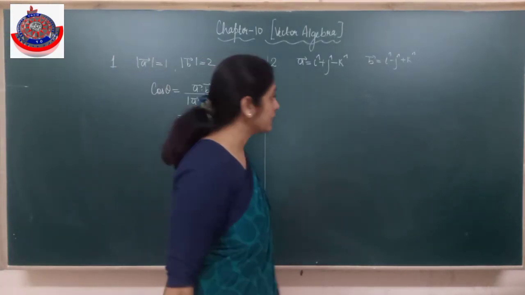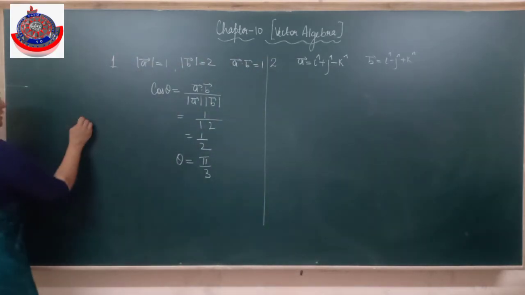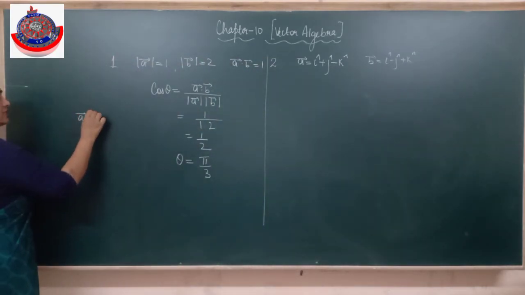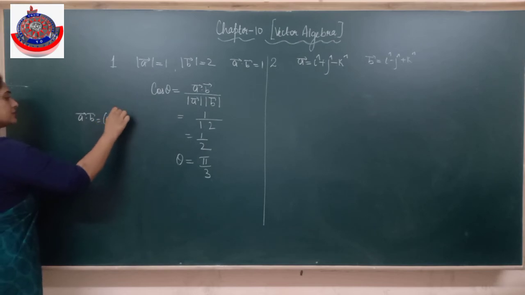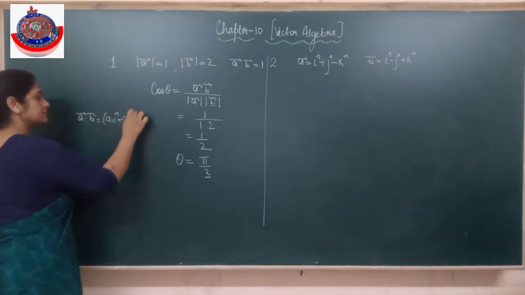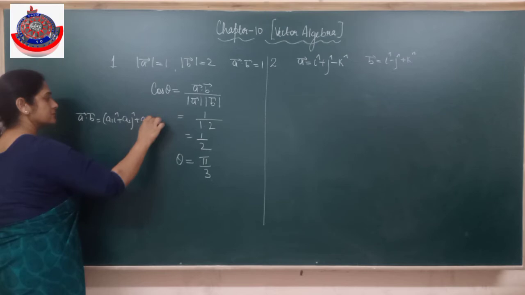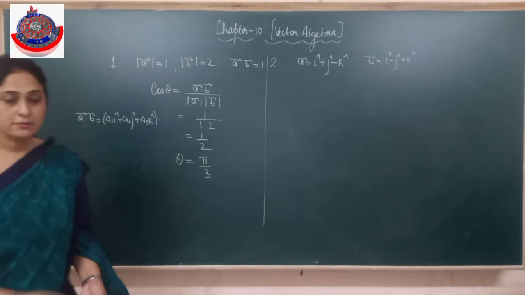One thing I would like to tell: when we were doing the property, I say A vector dot B vector.